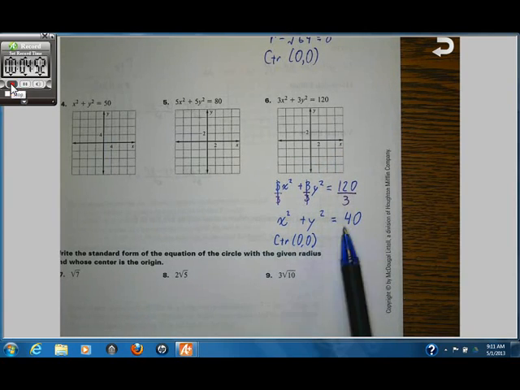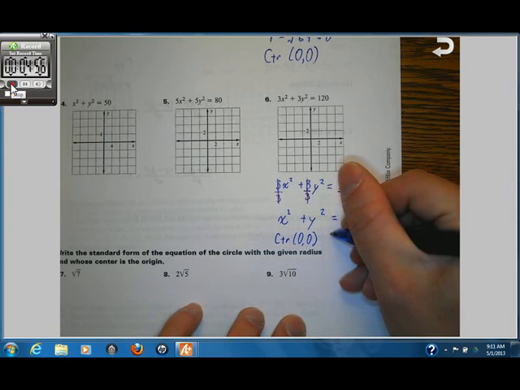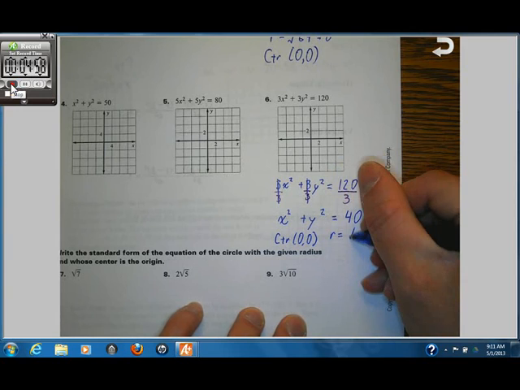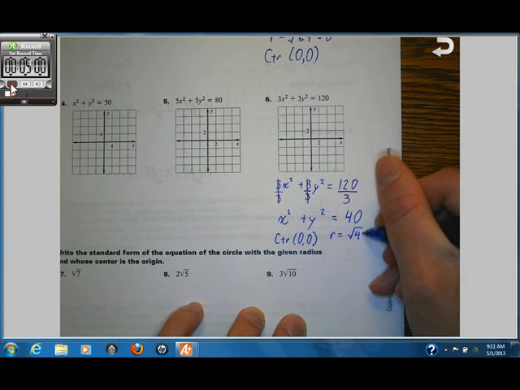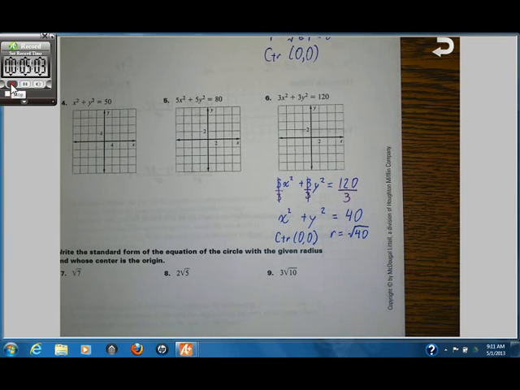There's just one problem. 40 is not a perfect square, is it? No, it's not. Does it have any perfect square factors? 20 is not a perfect square. What's your first perfect square? I heard it. 4. It's 4 times what? 10.